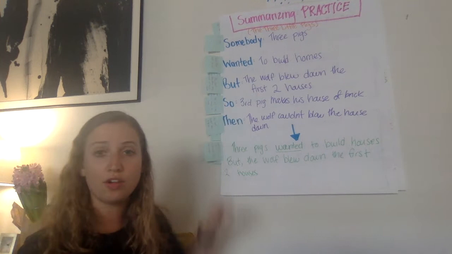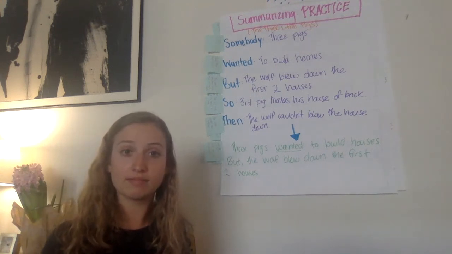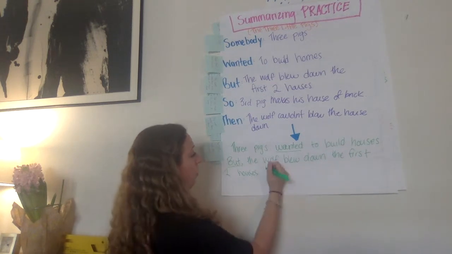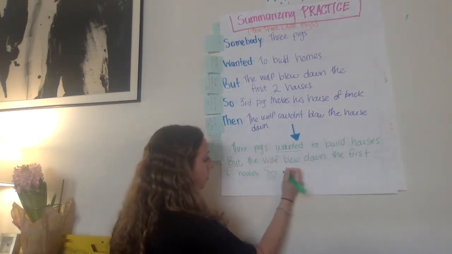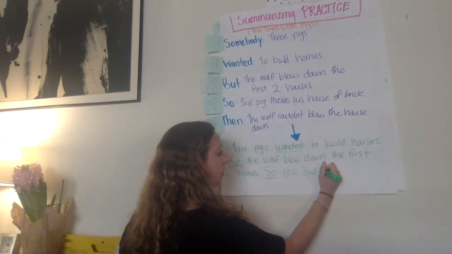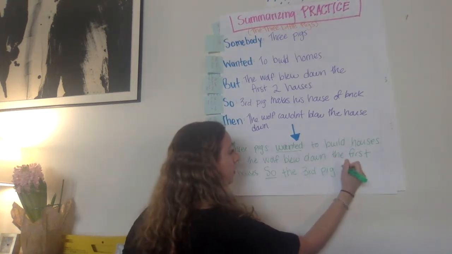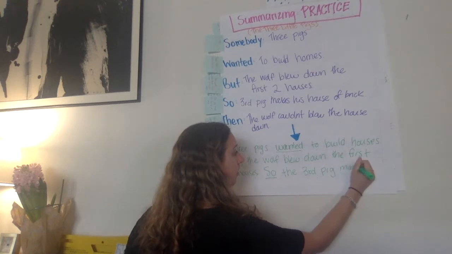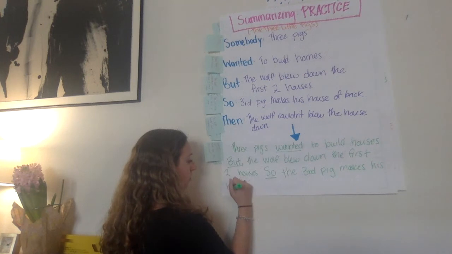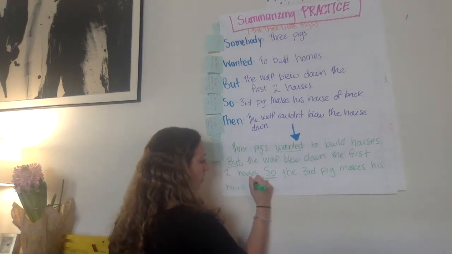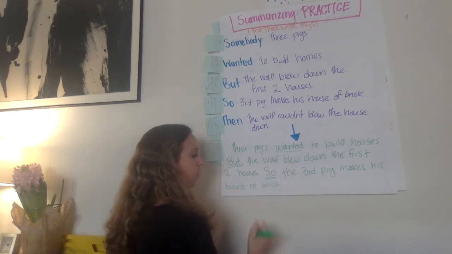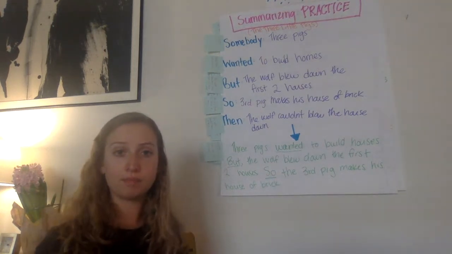So the 3rd pig makes his house out of brick, so the wolf can't blow it down. So we have our but, and now we're on our so. So the 3rd pig makes his house of brick, right? That's solving his problem.